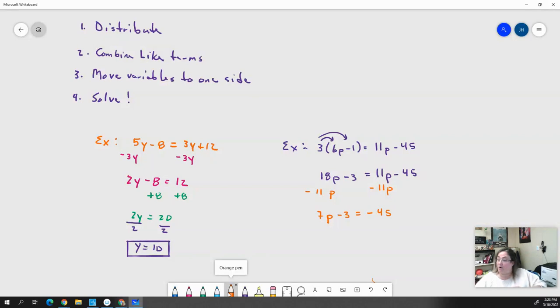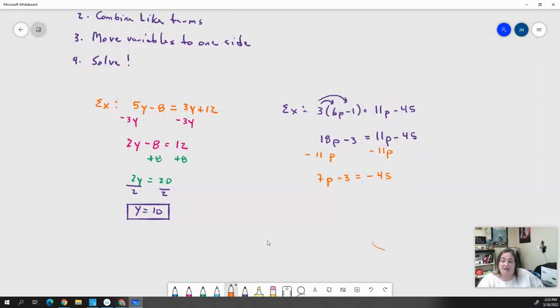And so now we have all our variables on one side, and all we have to start doing is undoing everything that's being done to that p. So we're going to start with this 3 that's being subtracted from it. We're going to add 3 to both sides, and I'm going to wind up with 7p equals -45 plus 3, which is -42.